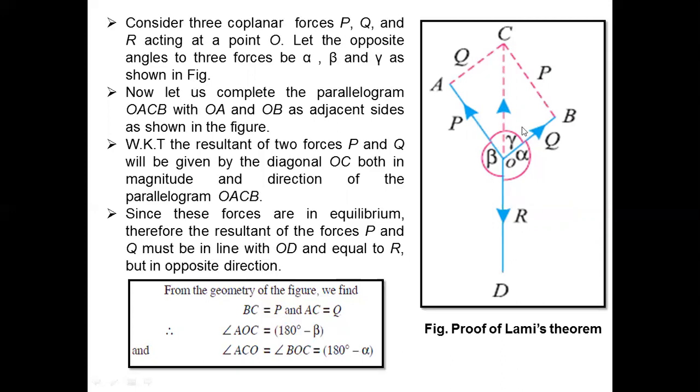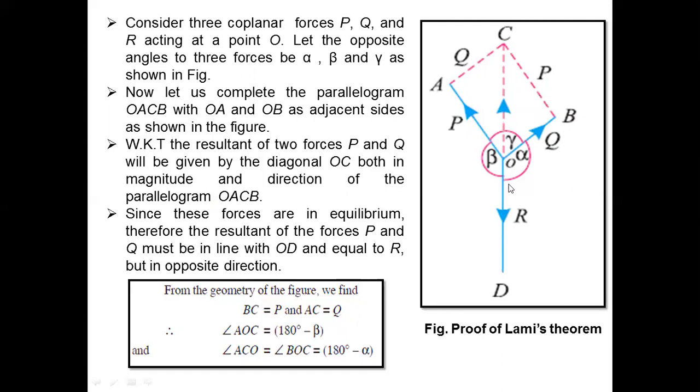Here, I consider two forces P and Q, and the resultant is moving in the upward direction, which means the body is moving in the upward direction. To nullify this and bring the body to a state of equilibrium, I apply an opposite force which has the same magnitude as the resultant but acts in the opposite direction of the resultant.